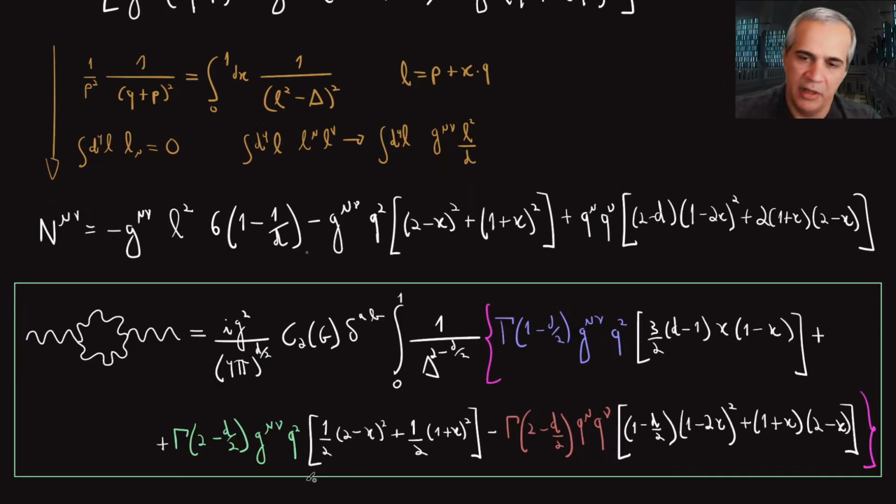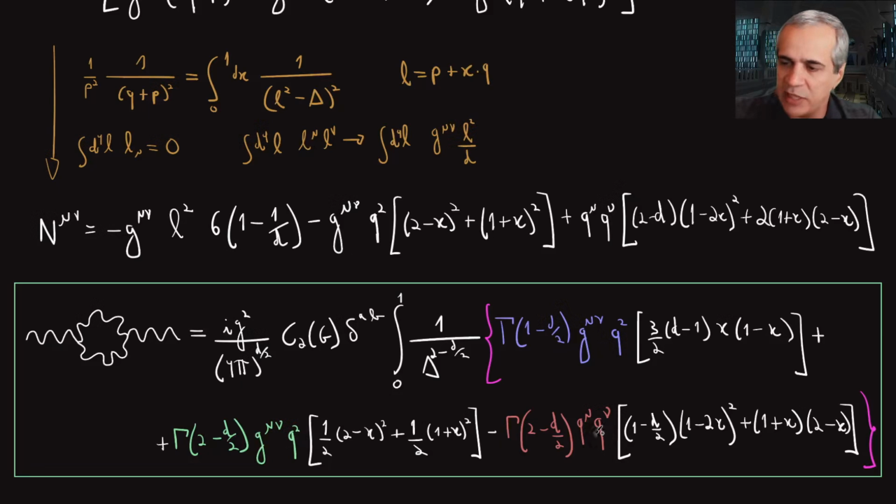So now you have the answer for the whole propagator. This is not very enlightening in itself. You have all these factors here that just come out of the calculation. There's not much in terms of interpretation we can take out from these factors. But the thing to pay attention to in this calculation is these structures in color here.